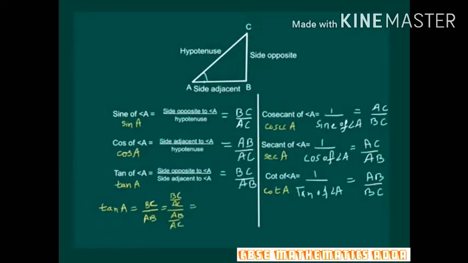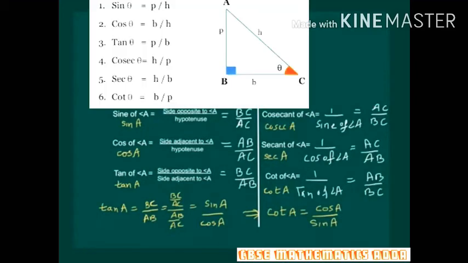And this is equal to sine of angle A divided by cos of angle A. So tan A equal to sin A divided by cos A. And similarly, we can write cot A equal to cos A divided by sin A.